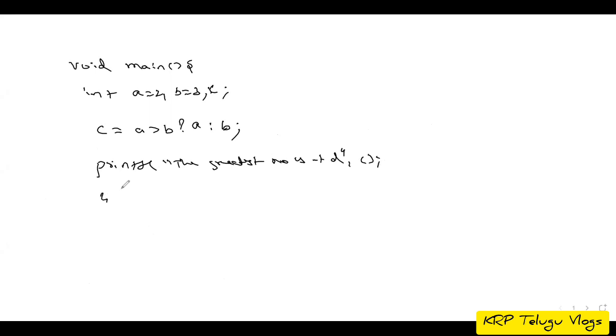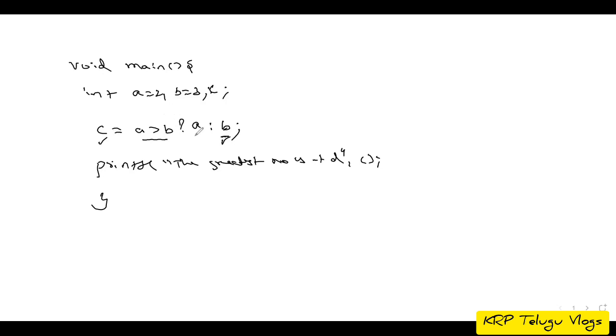First it will check a greater than b, that is 2 greater than 3, true or false? False. Where will it go? To b. It will return the b value to c. Is that clear? Yes, sir.